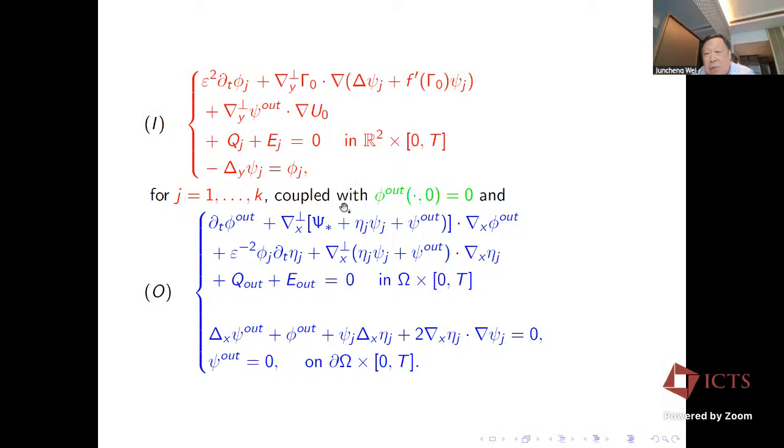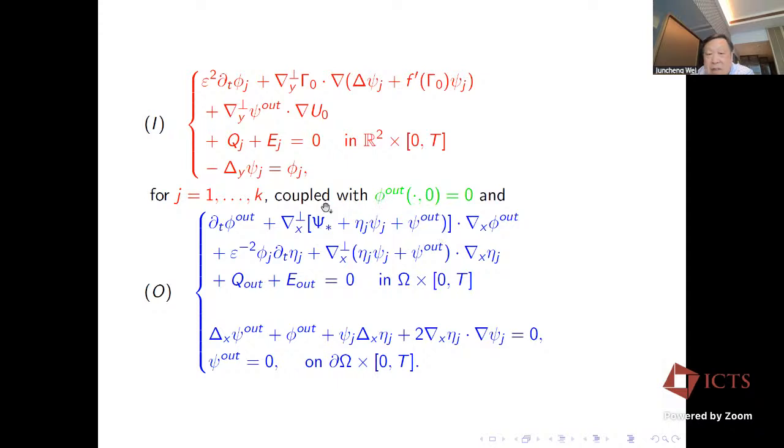Now, what is the outer problem? The outer problem is a transport equation, but the coefficient in front of the transport equation is better. It's given by this, and this coefficient has smoothness.